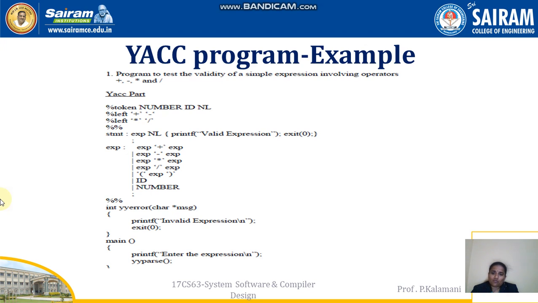Then both will give output as C code. Then both output files together will be compiled with the C compiler. That's why we give cc lex.yy.c, the output of Lex, and y.tab.c, the output of YACC. Then both will be combined. Then we get the output as ./a.out. For that we give input and we get the output.